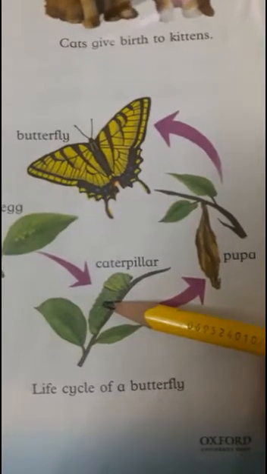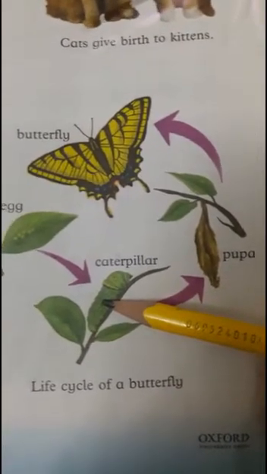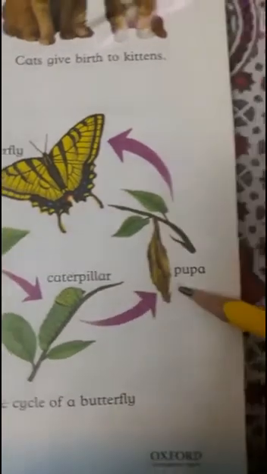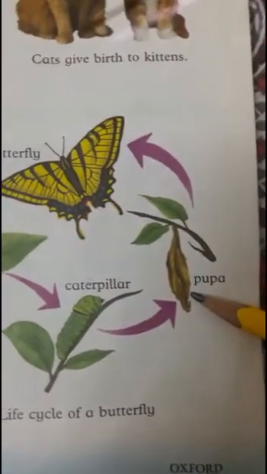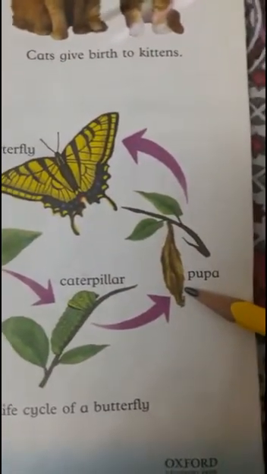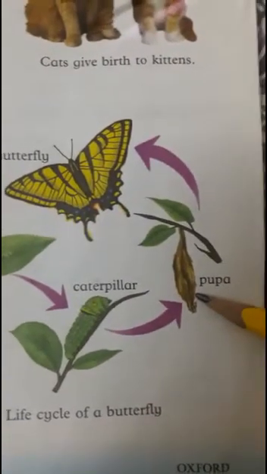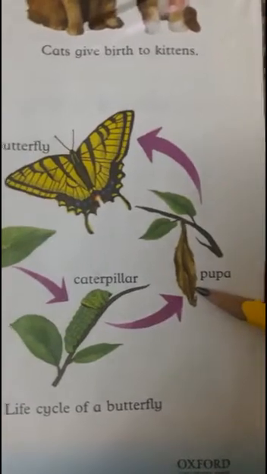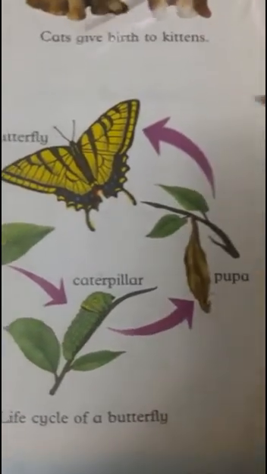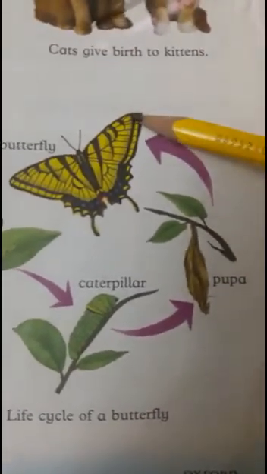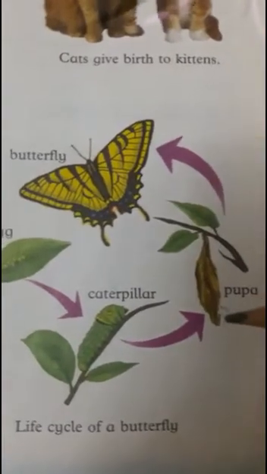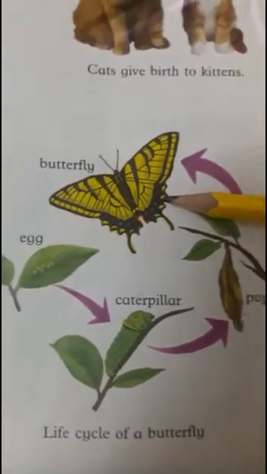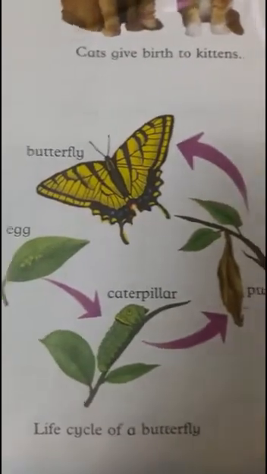They feed on the leaves, and when they have reached full size, each caterpillar moves to a dry place to become a pupa. The pupa feeds and grows, and a complete butterfly is formed inside it. The pupa splits and a new butterfly emerges from it. This is the life cycle of a butterfly.